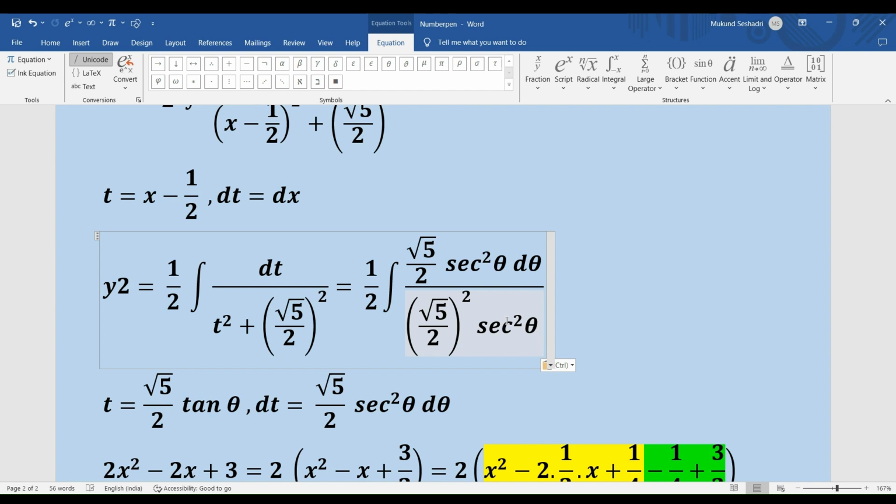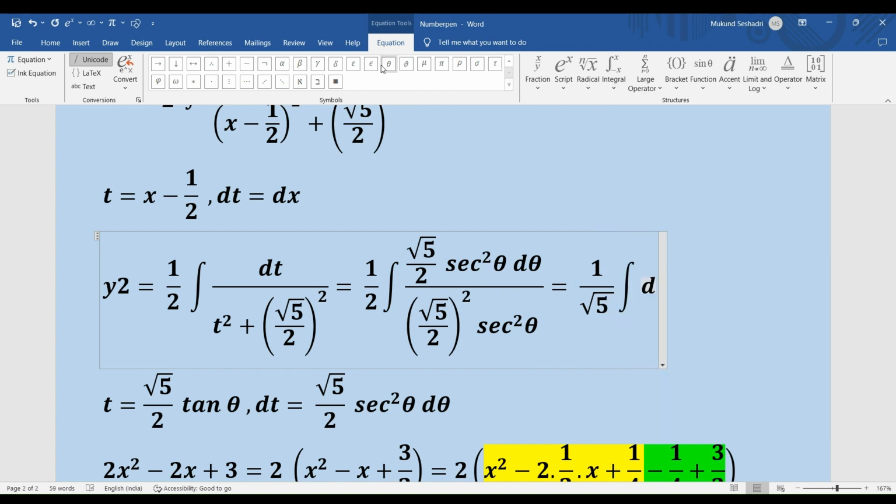So all that I can do is cancel out the secant square theta and then cancel out one of the root 5 by 2 in the denominator with the root 5 by 2 in the numerator, right? So what am I left with? I'll be left with 1 by root 5 times the integral of d theta, right?